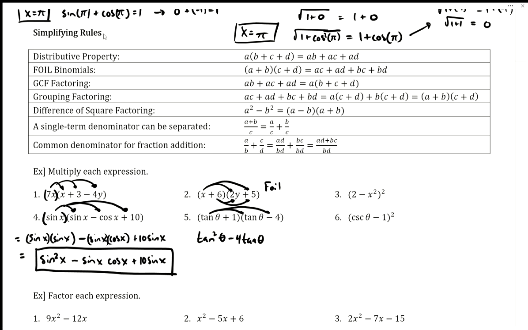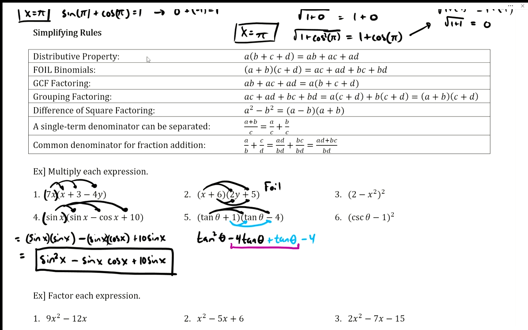And then let's use blue now. So this positive 1 would then also multiply. So positive 1 times tangent of theta would be positive tangent of theta. And then positive 1 times negative 4 would be negative 4. And then we look at these terms and we say, are there any like terms? Well, these two middle ones have the same variable part. So tangent of theta and tangent of theta, they still follow the same rules.